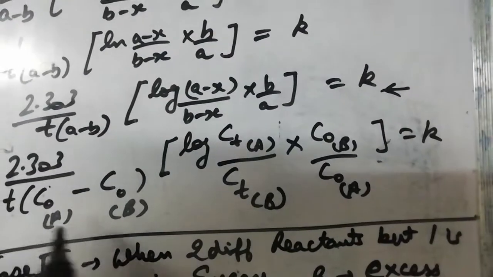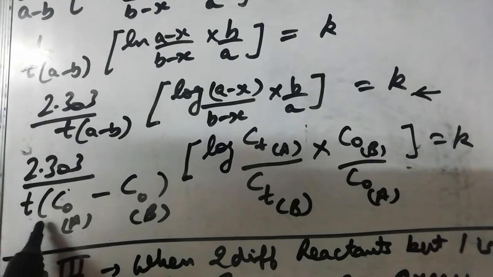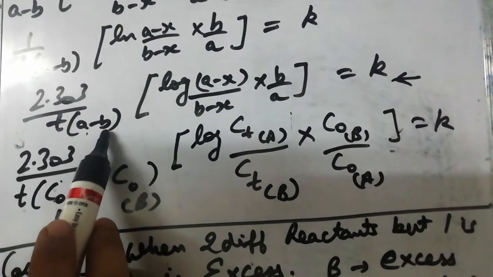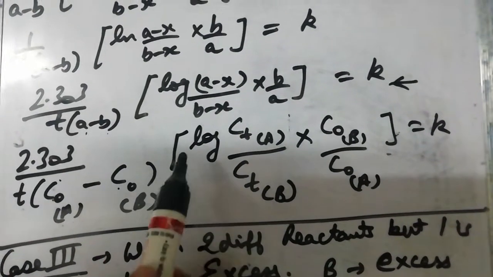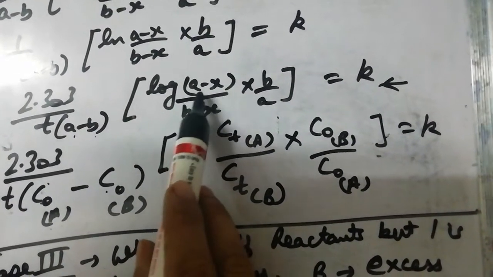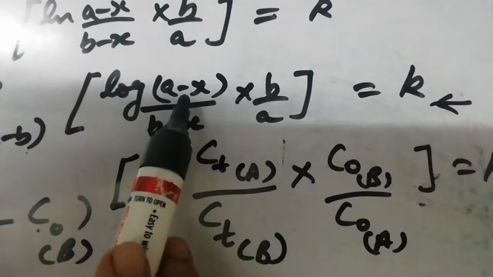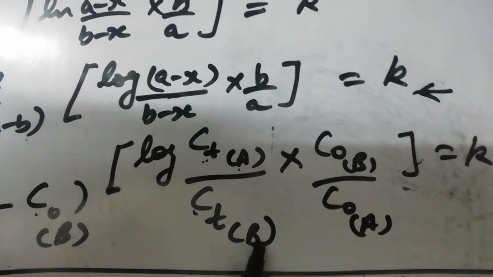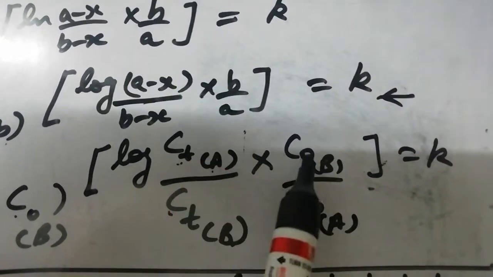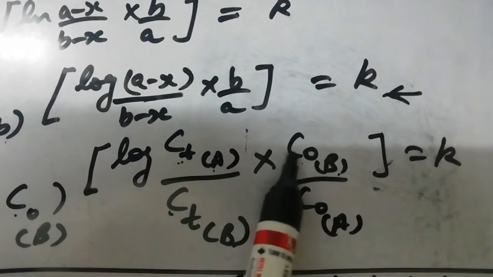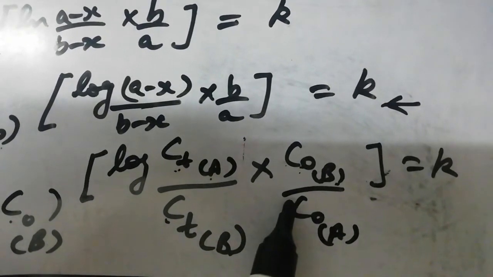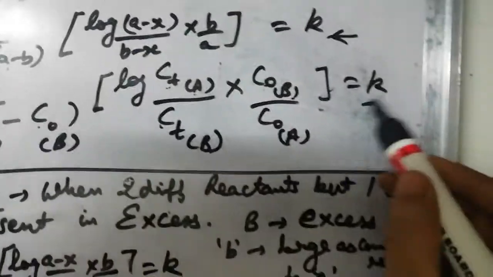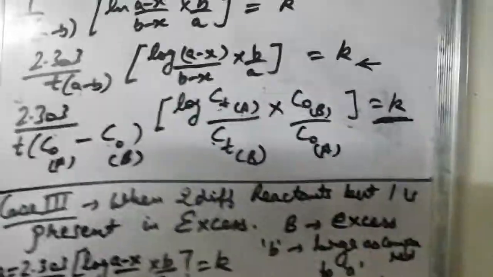Also we can write this equation in terms of concentration: 2.303 upon t, C naught of A is the initial concentration of A, and in place of b we write C naught of B. Ct of A is the concentration of A at any instant of time, Ct of B is the concentration of reactant B at any instant, and C naught of B is the initial concentration of reactant B, divided by C naught of A, is equal to k. So it is the integrated rate equation for a second order reaction when both the reactants are different.